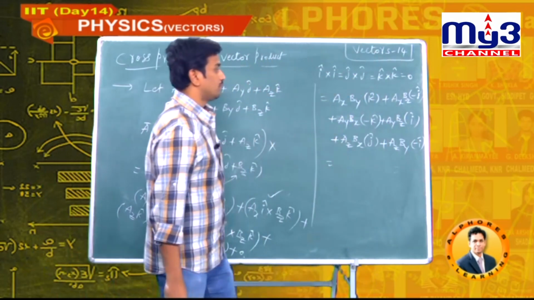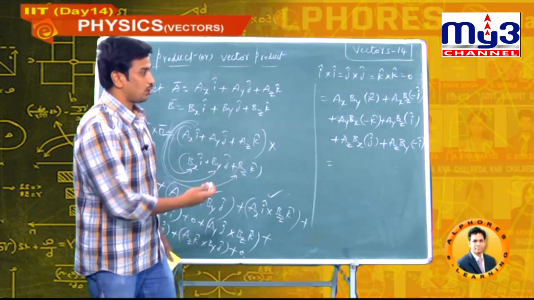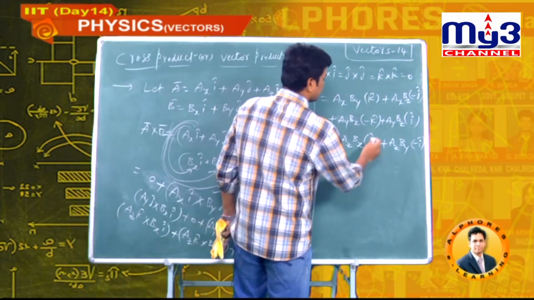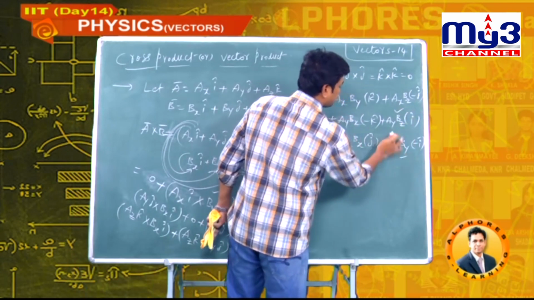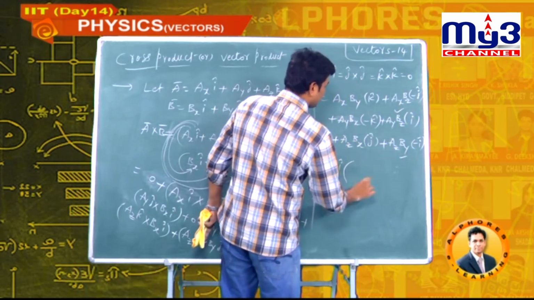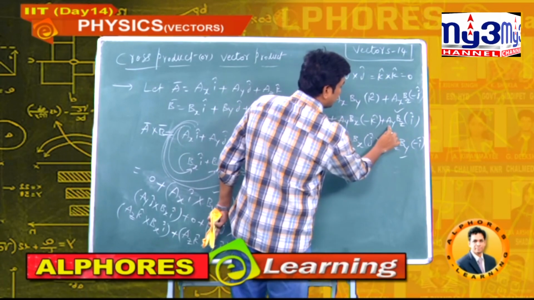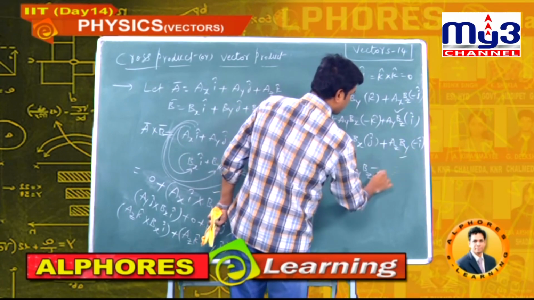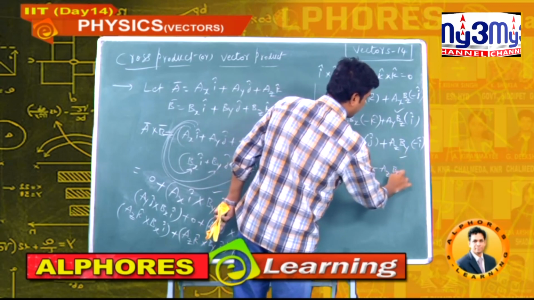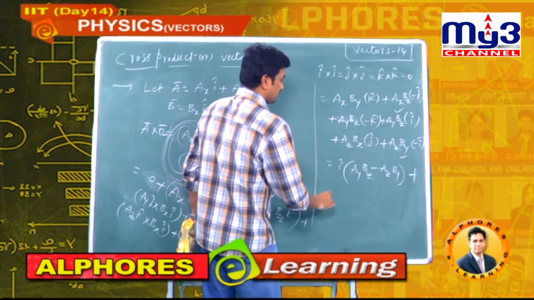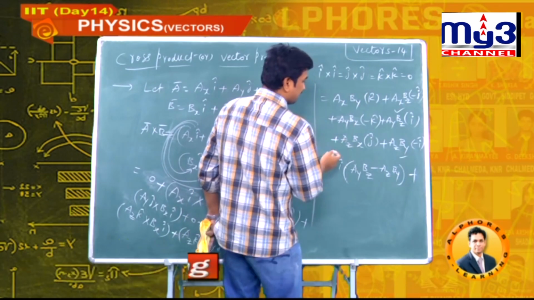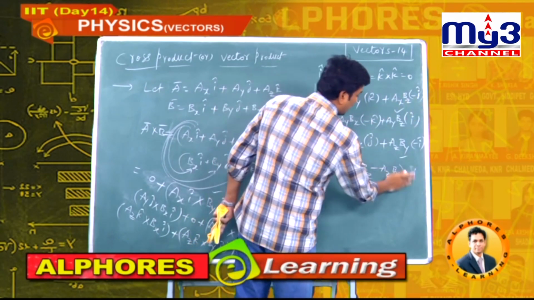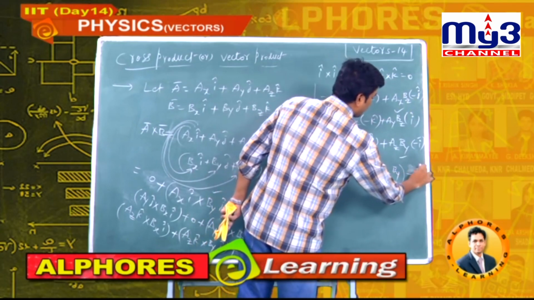Now we can take common i cap, common j cap, common k cap. See, i cap common: AY BZ minus AZ BY, plus, can you take common minus j cap? I will take common minus j cap.